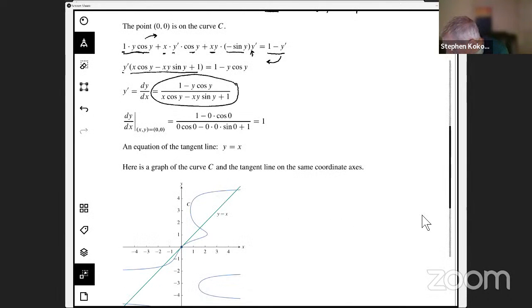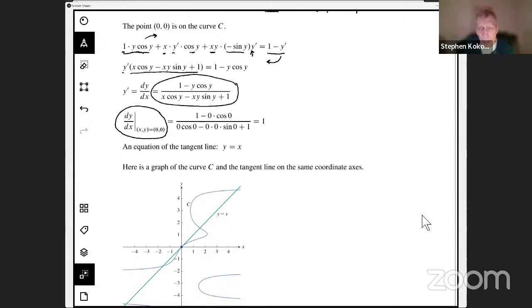I just wanted to comment for a second, Curtis, about this notation. Part of the CED, the course and exam description, is notational fluency. That's an awful lot of notation in it, but it reads really nicely. It says, consider the derivative dy/dx and evaluate it where (x, y) is equal to (0, 0).